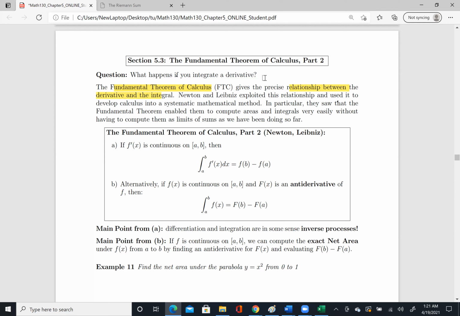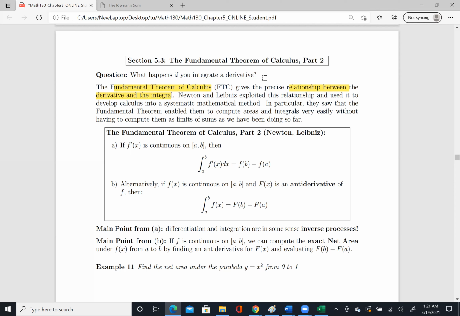So Newton and Leibniz exploited this relationship and used it to develop calculus into a systematic mathematical method.